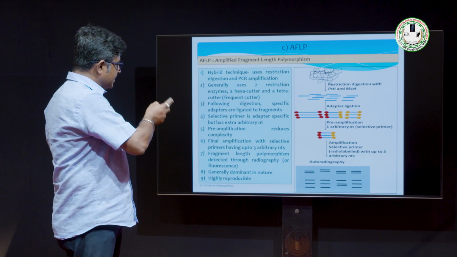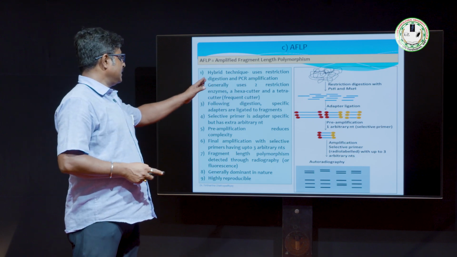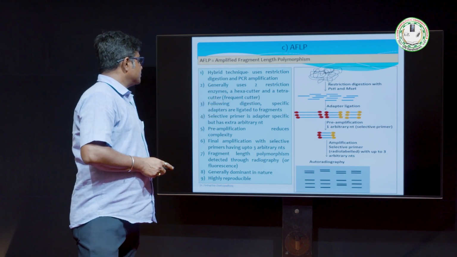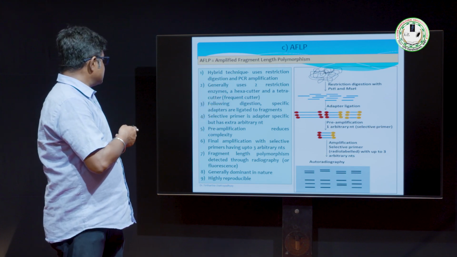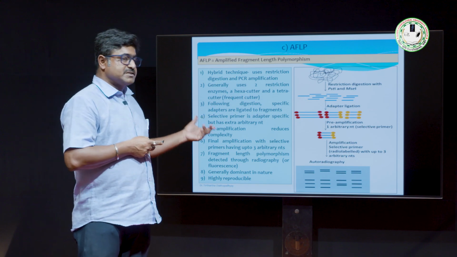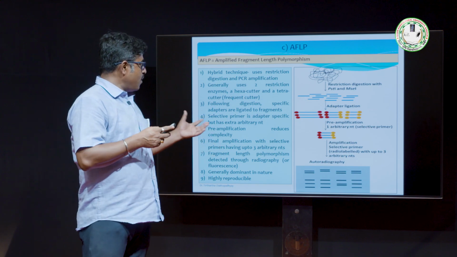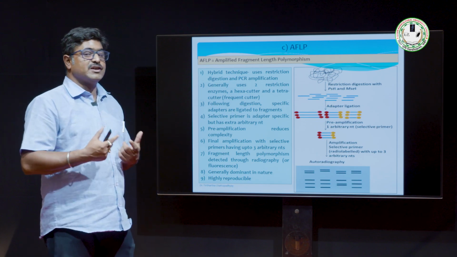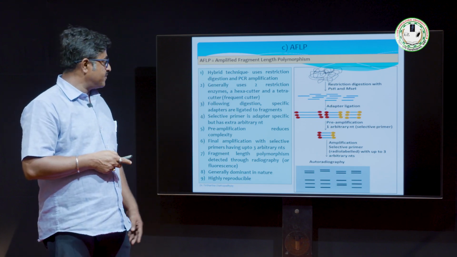Here in the pictorial diagram you can see that it digests the genome and we get different fragments of the genome. Then, following digestion, specific adapters are ligated to the fragments. These adapter sequences are known to us. So having this adapter joined, we can have amplification of these adapter-ligated fragments.